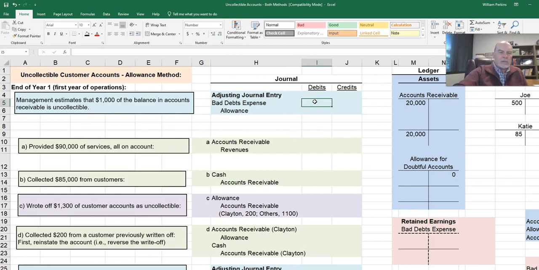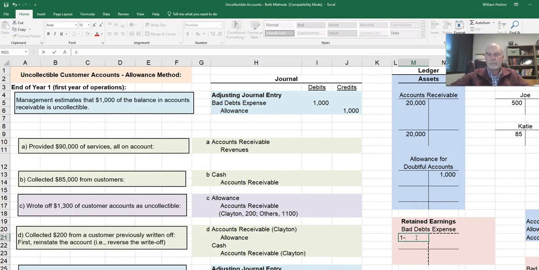So remember, the end of year adjusting journal entry is always debit bad debt expense for $1,000, or debit bad debt expense and credit the allowance account. So the expense will show up on the income statement, and the allowance account of $1,000 will show up on the balance sheet.